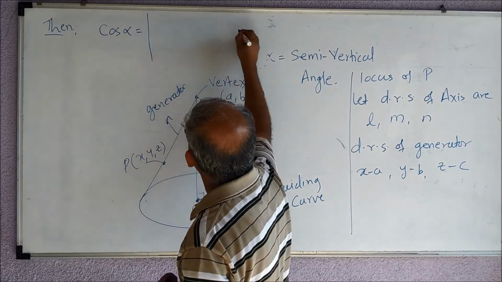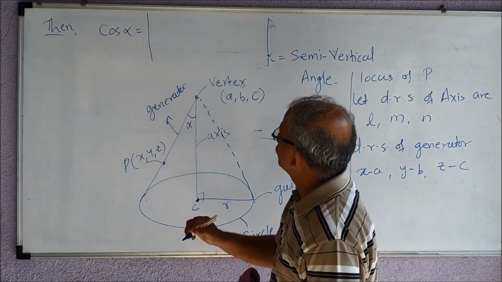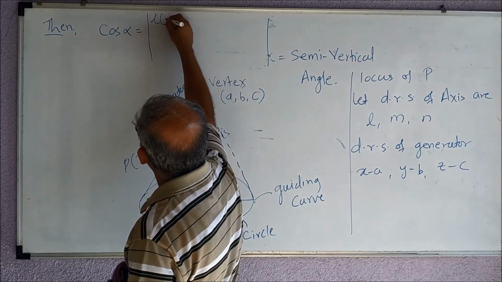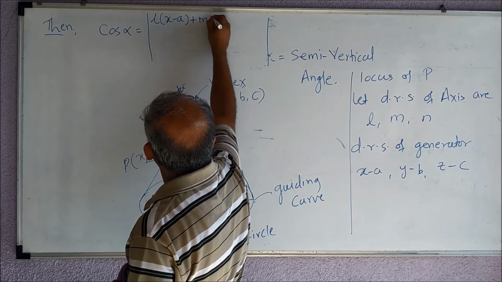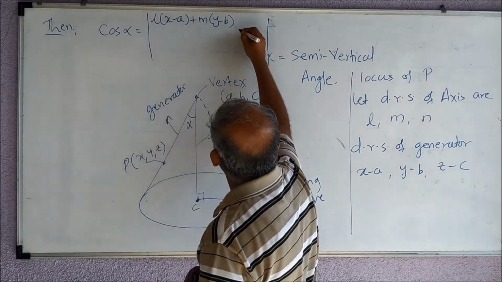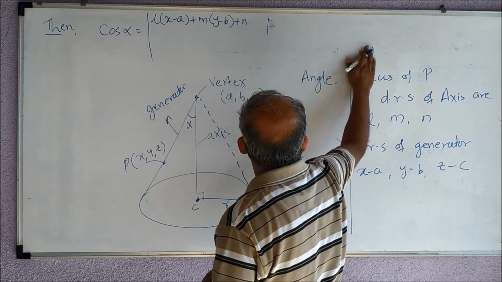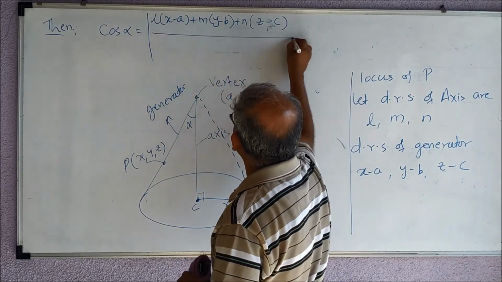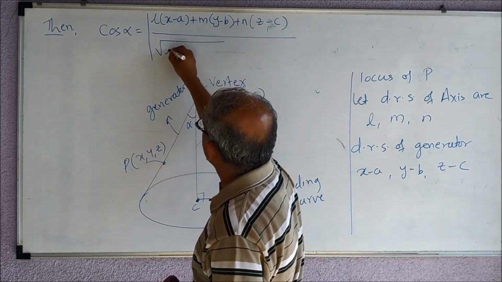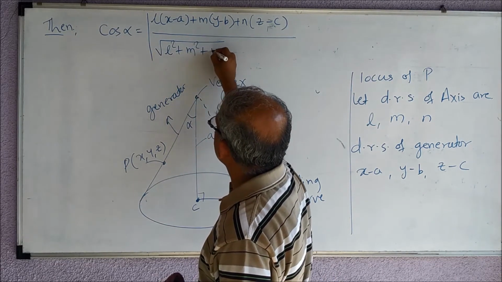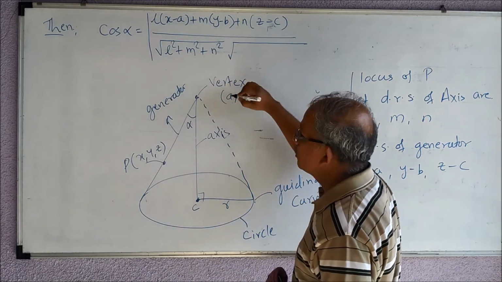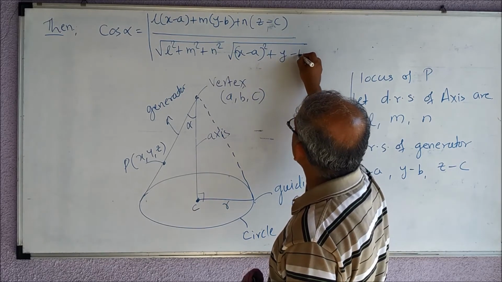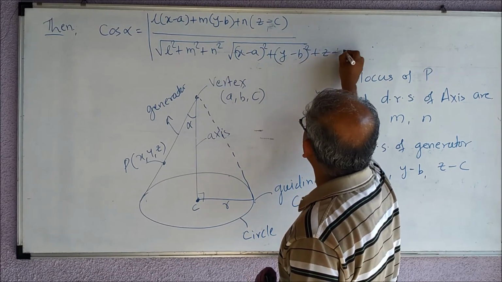It is the modulus of l into (x minus a) plus m into (y minus b) plus n into (z minus c), divided by the square root of l squared plus m squared plus n squared, into the square root of (x minus a) squared plus (y minus b) squared plus (z minus c) squared.